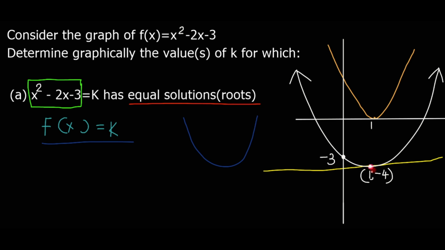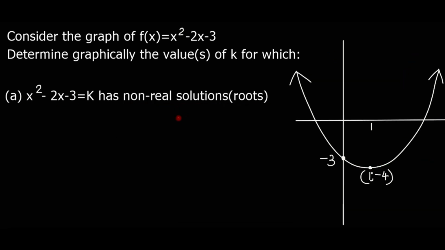Remember that this is the x coordinate and this is the y coordinate. Here it's minus 4. So our horizontal line touches this graph at 1 point because there are equal solutions, and at this point it's minus 4. So the answer for this question is k must be minus 4. So this is our answer.